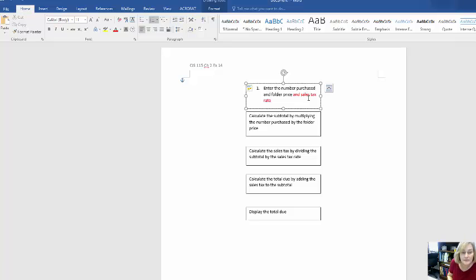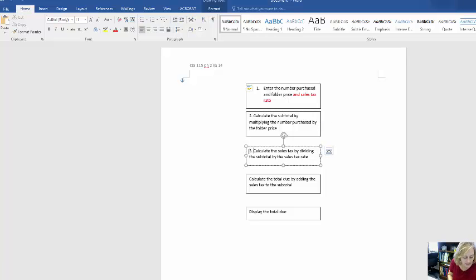Now, let's come to step 2. This is step 2. Calculate the subtotal by multiplying the number purchased by the folder price. Does that seem correct? So far, I don't see anything wrong. Let's go to step 3.